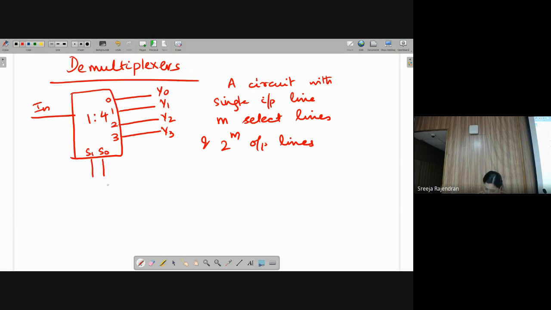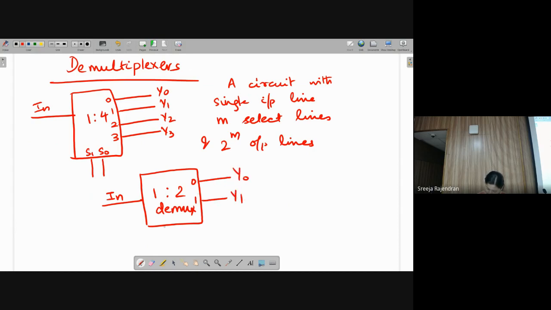Now, if I want to write for a 1 is to 2 DMUX, I have one input, two outputs, Y0 and Y1, and only one select line. So what will Y0 be? When will my input be driven to the line Y0? It is going to depend on my select line, when the select line has a value 0.